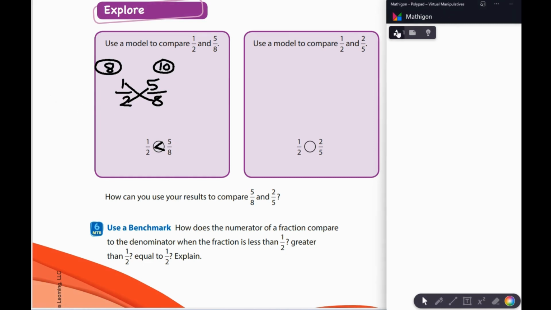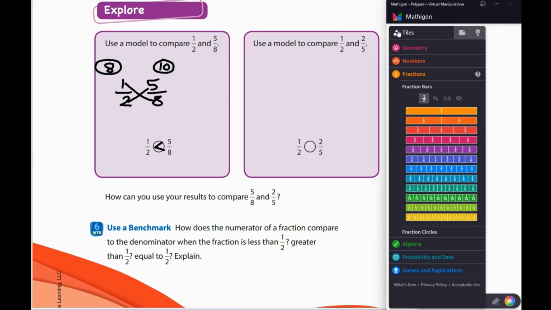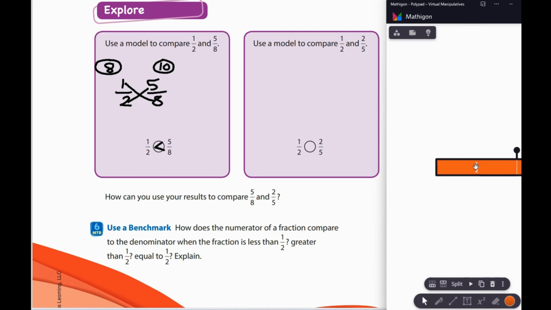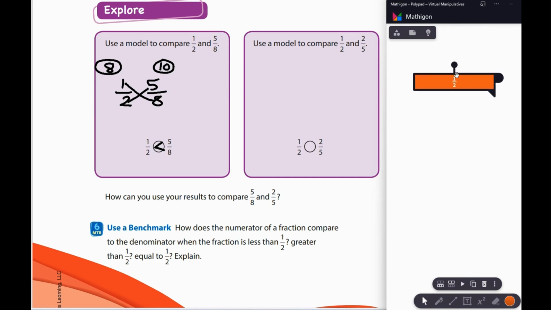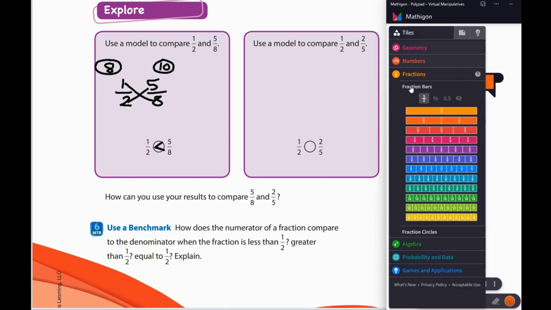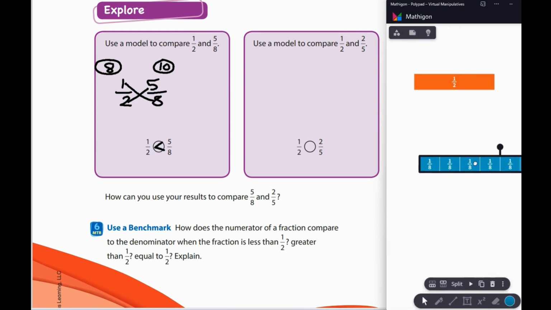Now, I want you to look over here. Here we have our fraction tiles. So I'm going to grab 1/2. There we go. Here's my 1/2. Now I'm going to go ahead and grab my 8ths. This is my 8ths.